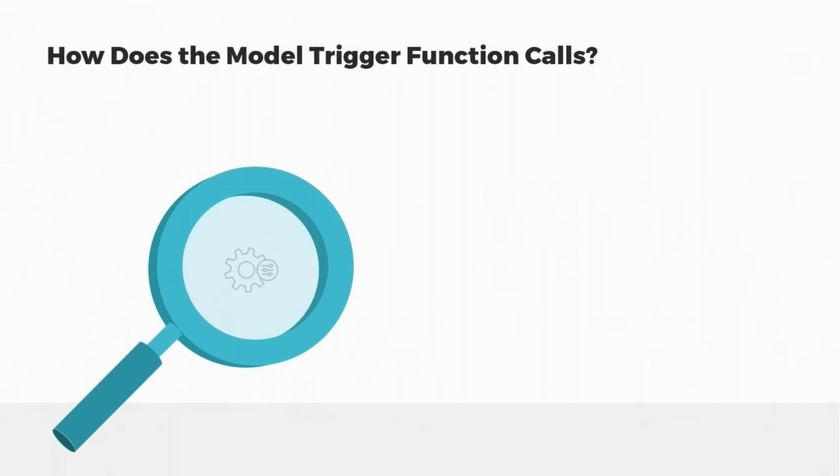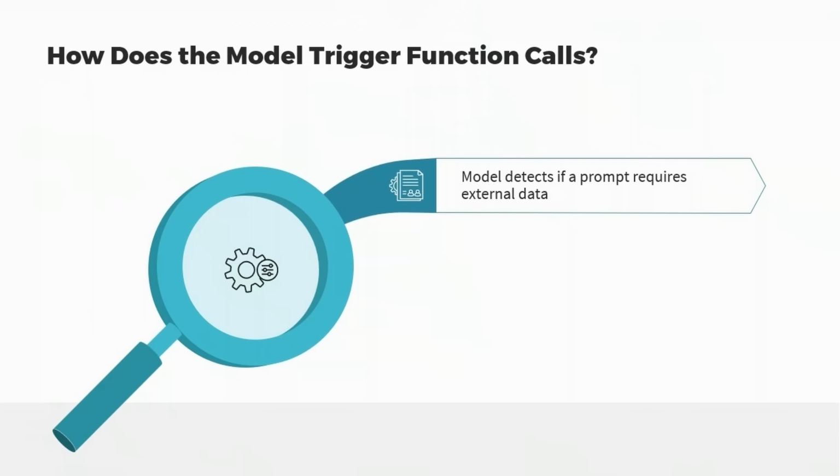Let's discuss step by step how the model tells you what function call to invoke. When you specify your input prompt to the model, it identifies that the user prompt requires external data or processing. The model will only know of this if you declare what function APIs are available to the model in a specified format and you integrate that as a part of the model.